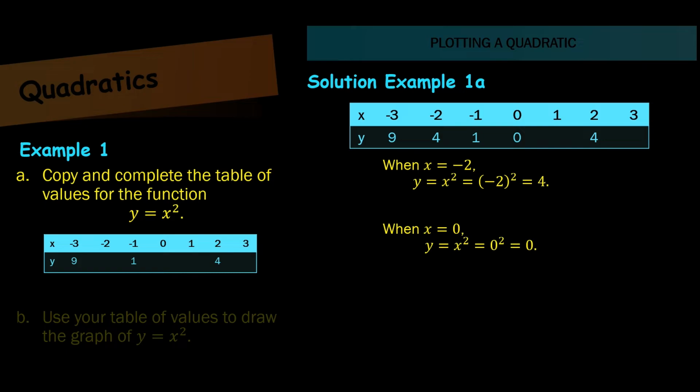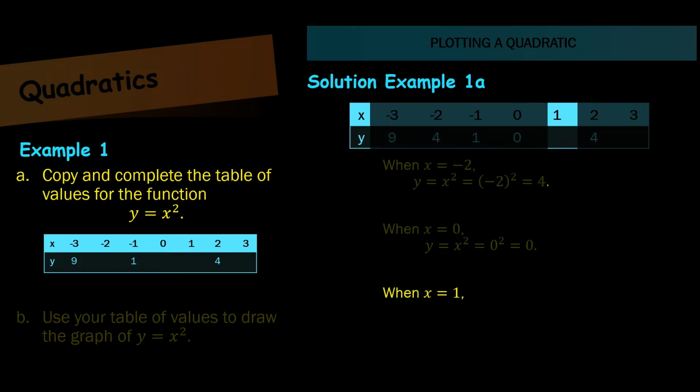Now let's find the value of y when x equals 1. So when x equals 1, y equals x squared, which equals 1 squared, which is of course equal to 1. So again, let's pop that into the table as shown here.